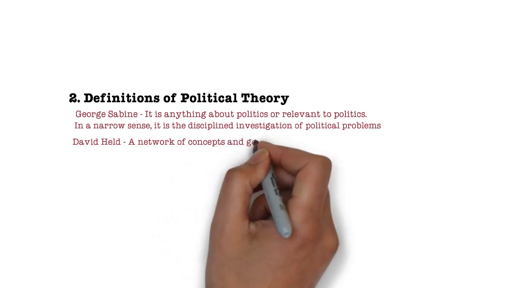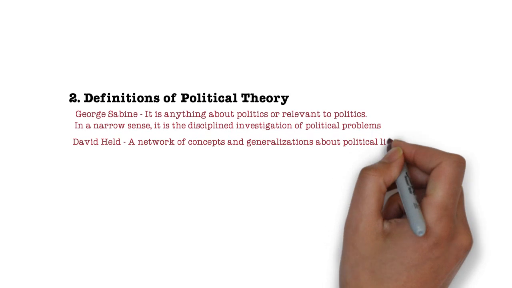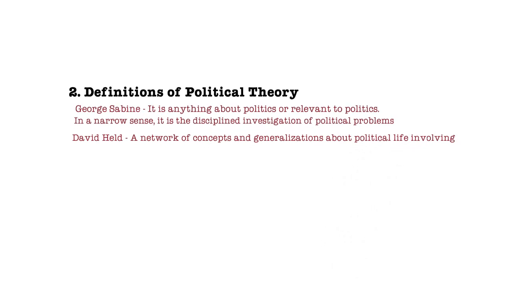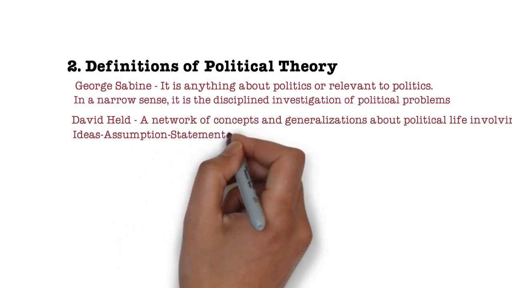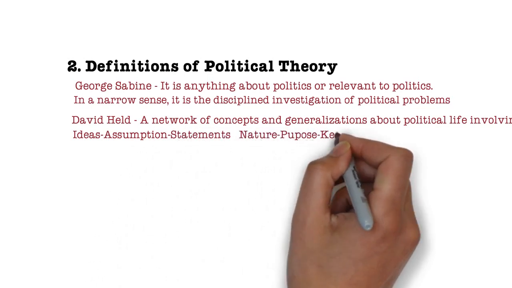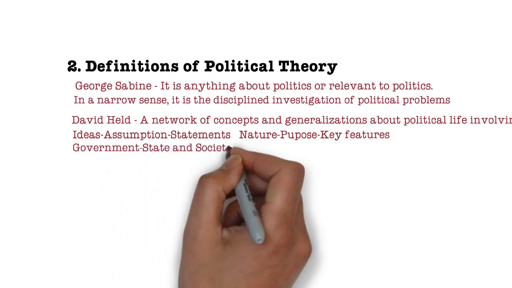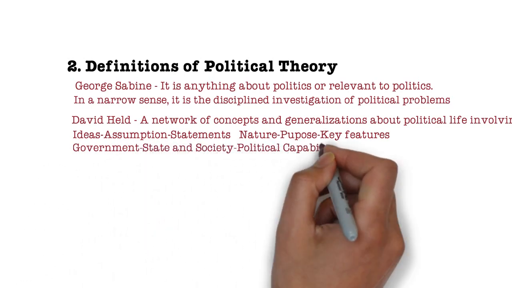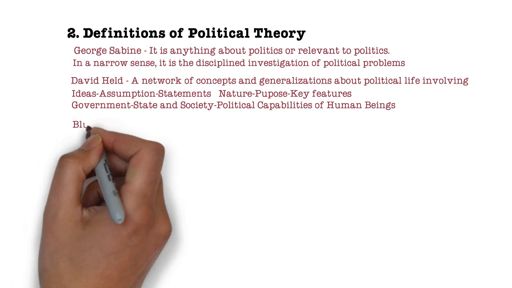Second thinker is David Held. He defines political theory as a network of concepts and generalizations about political life involving ideas, assumptions, and statements about the nature, purpose, and key features of government, state, and society, and about the political capabilities of human beings.